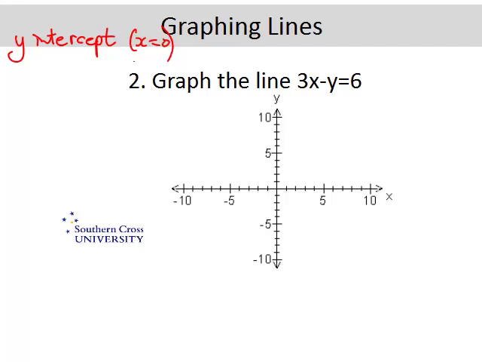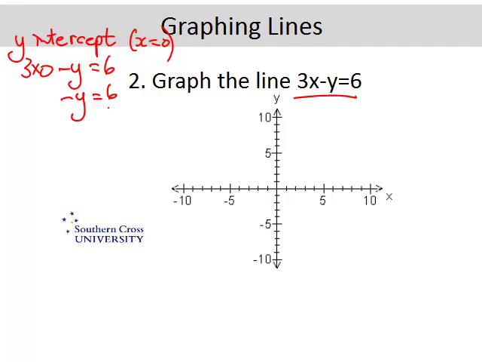So basically if x is equal to 0, we just substitute in x equals 0. Now this is the line that we're doing, so it becomes 3 times 0 take away y is equal to 6. So 3 times 0 is 0, so we can basically put 0 down or just forget about it. Minus y is equal to 6.